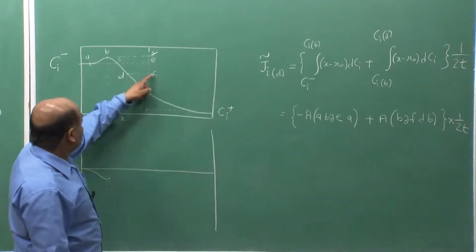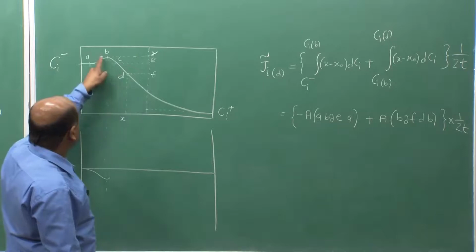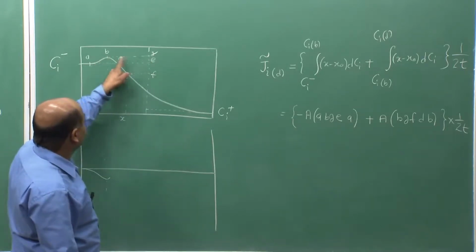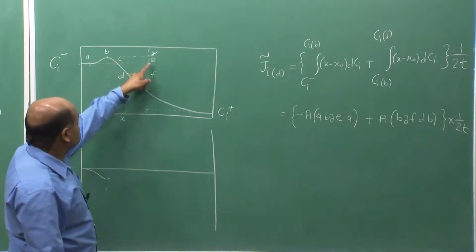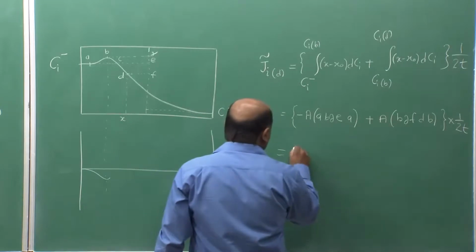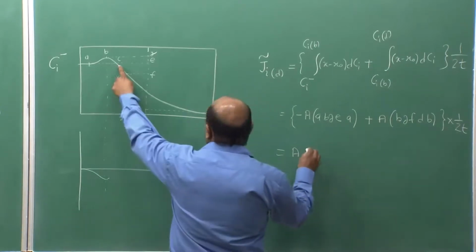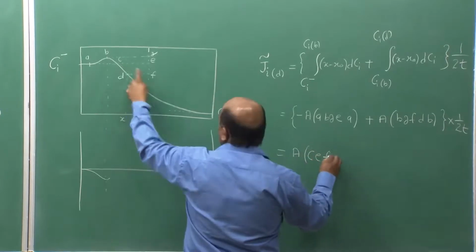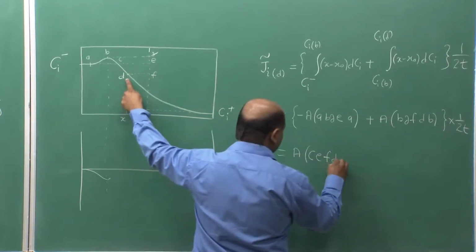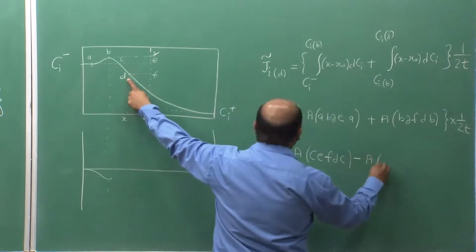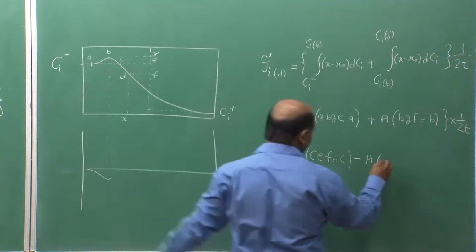So, this area minus this area, there is a common area BGEC here, that will be gone, and so we have this area CEFDC minus area ABCA.